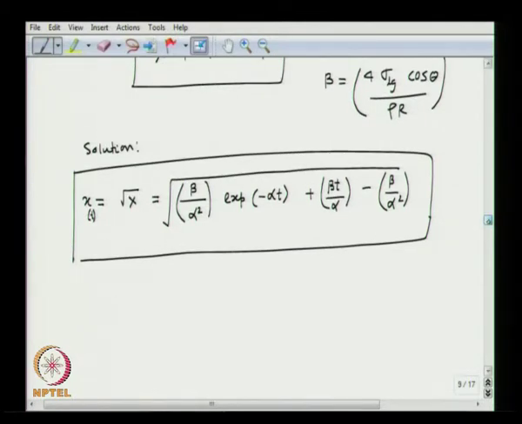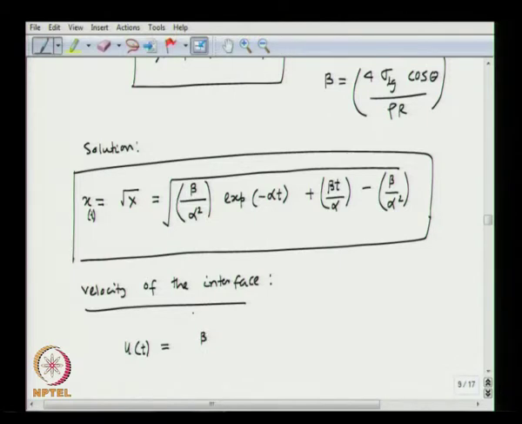So, from there we can obtain an expression for the velocity. The velocity of the interface u as a function of t is going to be beta.